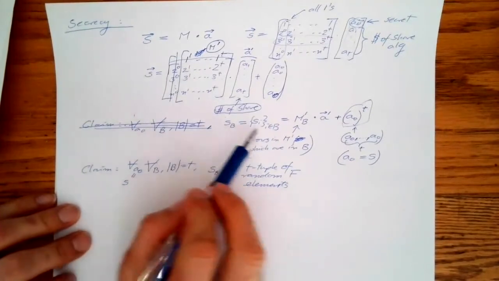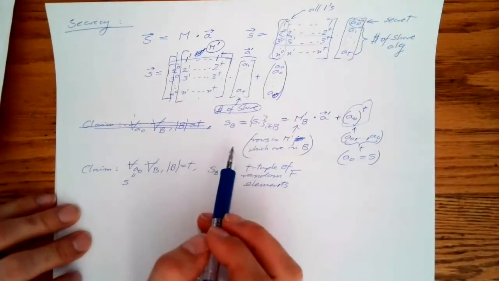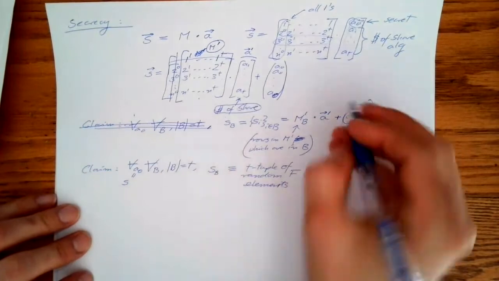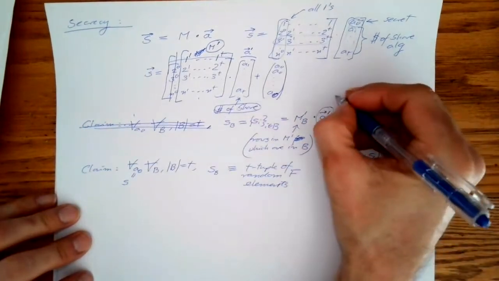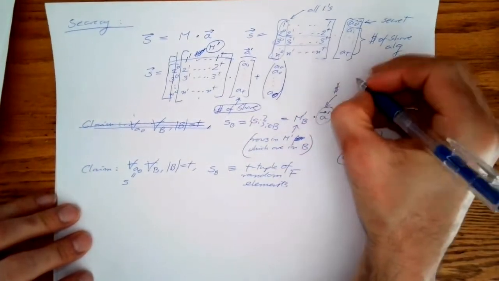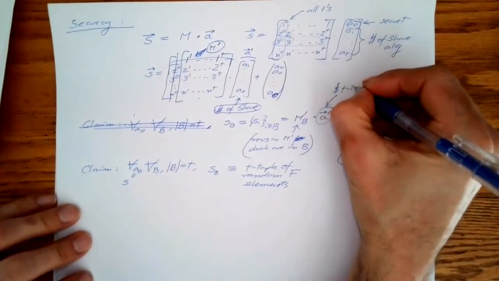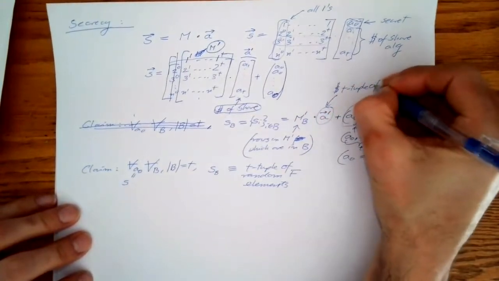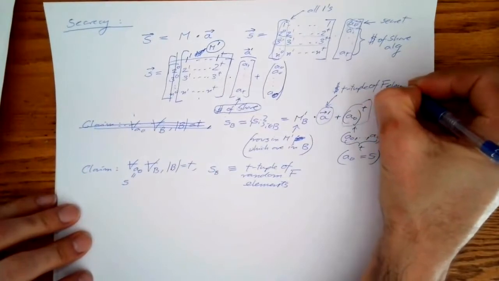So this process of computation, where this is a random T-tuple of field elements.